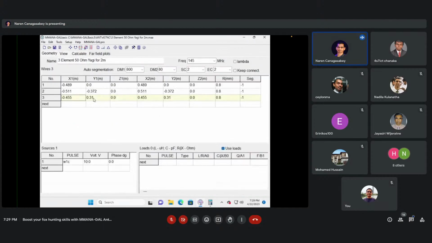So we have 0.31 as the spacing between the driven element and the director. That's 300 divided by 145 into 0.15, which gives you 0.310.